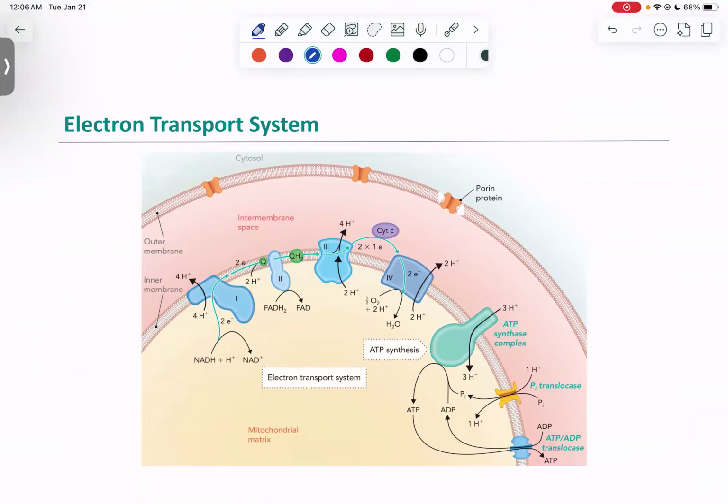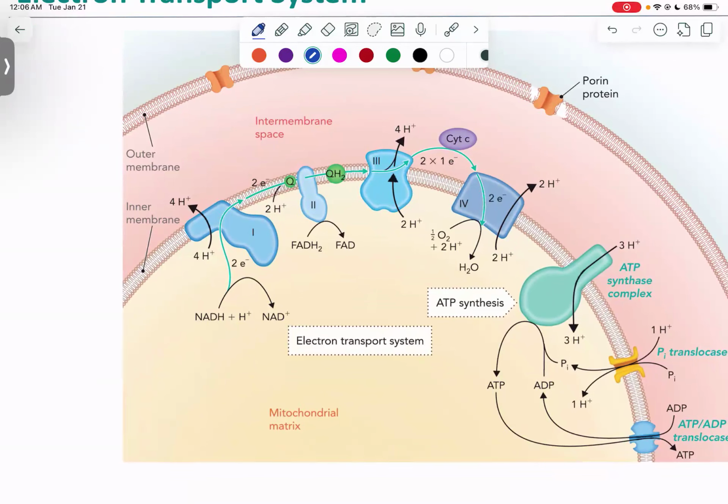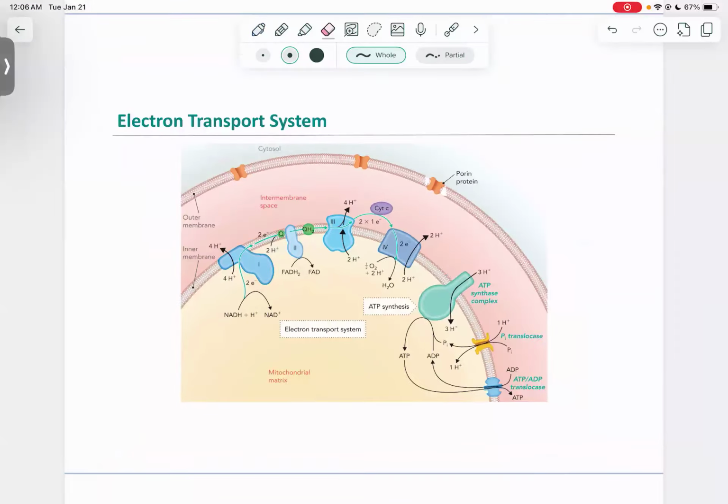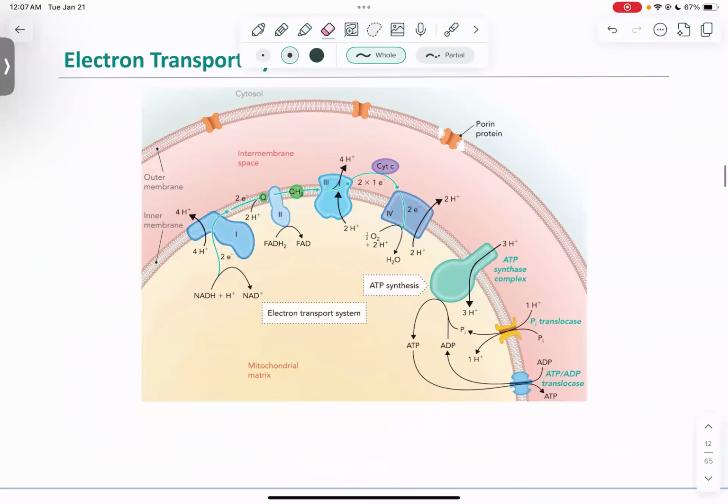But when you look at the electron transport chain, it's broken down a little bit more, where you have complex 1, complex 2, complex 3, complex 4, and then this is really complex 5, but it's really the ATP synthase complex. And then we have some other transport proteins that we're going to talk about. We're going to go into detail on each of these individual steps and what's happening at each one. Okay, so that is the end of section 1.